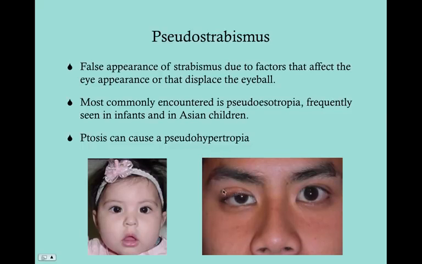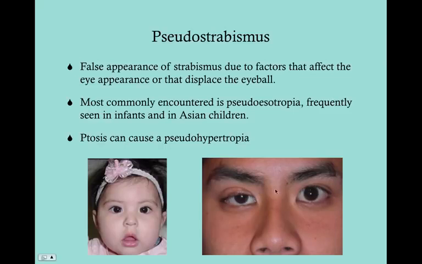And ptosis can cause a pseudo-hypertropia. Here's a patient who has a mild ptosis, and you can see his eyelid is covering up the top part of his eye, and so that's going to make it look like the eyeball is higher up in relation to the other eyeball, but it's not.